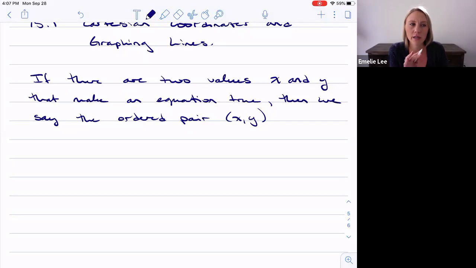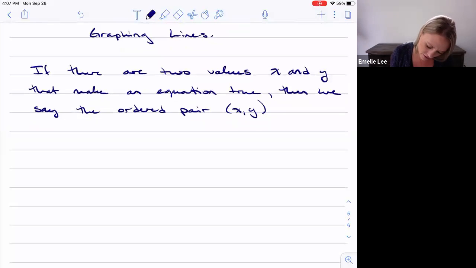The Cartesian product yields many ordered pairs. So round brackets around an X comma Y is a coordinate, and we call it an ordered pair. So we say the ordered pair X comma Y satisfies the equation.